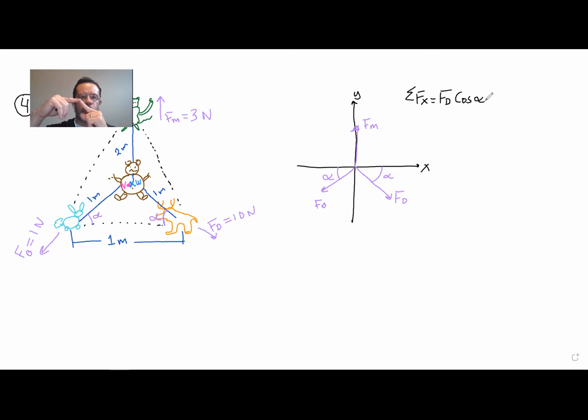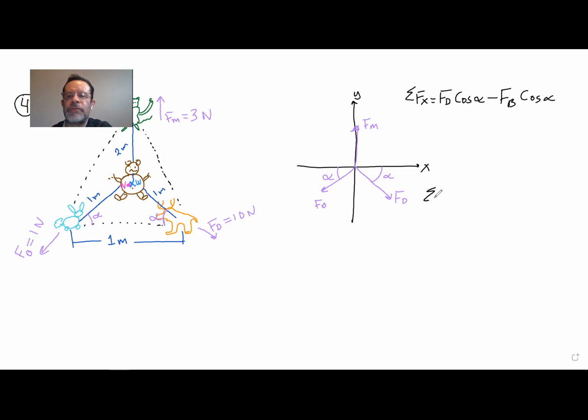The resulting force in Y is going to be the sine. So cosine is going to be related to the axis where we're measuring the angle from, and sine is going to be represented with regards to the opposing axis. So it's going to be the cosine of alpha minus FB times the cosine of alpha as well. And I'm going to leave that there for now.